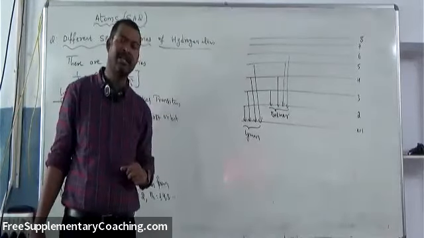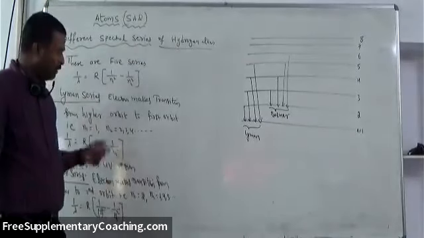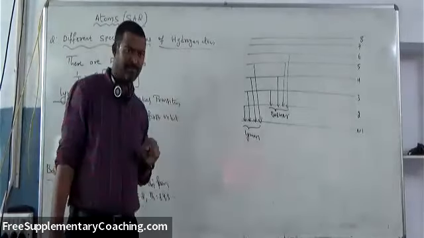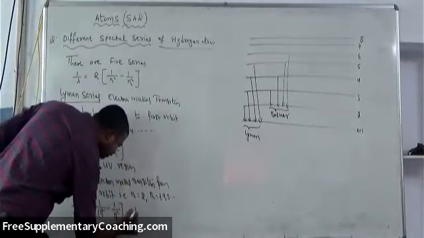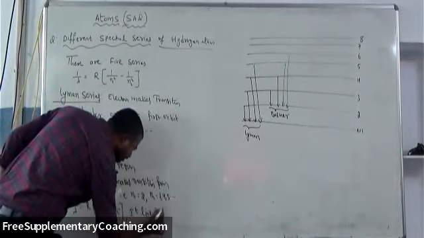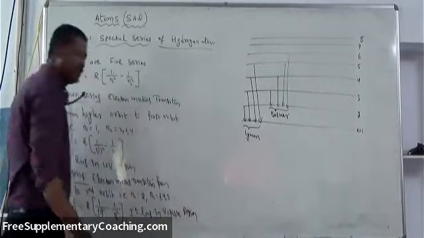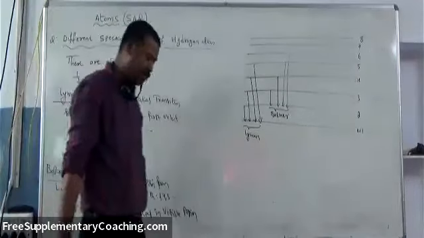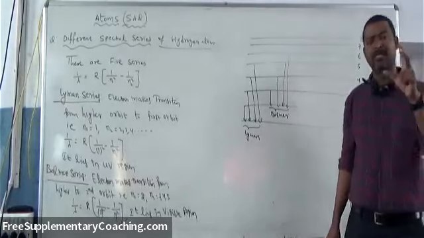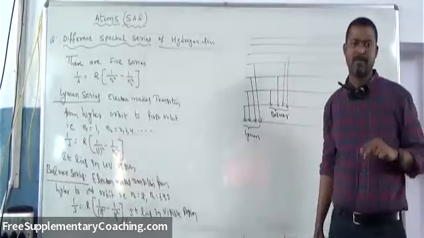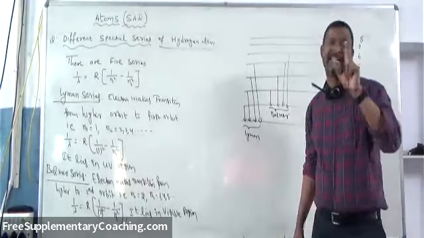The Lyman series lies in the UV region, but the Balmer series lies in the visible region, greater than the ultraviolet radiation. Is this clear? The Lyman series is a transition from higher to first, the Balmer series is a transition from higher to second orbit.